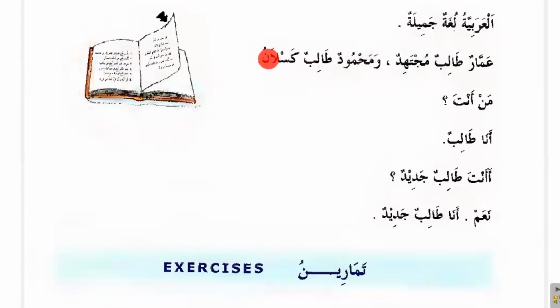Kaslanu means lazy. Talibun kaslanu is a lazy student. So for example, Allah says in the Quran, "وَلَا يَأْتُونَ الصَّلَاةَ إِلَّا وَهُمْ كُسَالَى." It's coming from this word, kaslan. It's just mubalagha, sighatul mubalagha, but they are similar. They are from the same word. Allah is talking about the hypocrites.